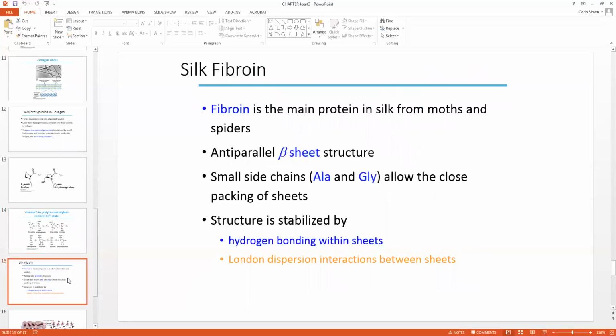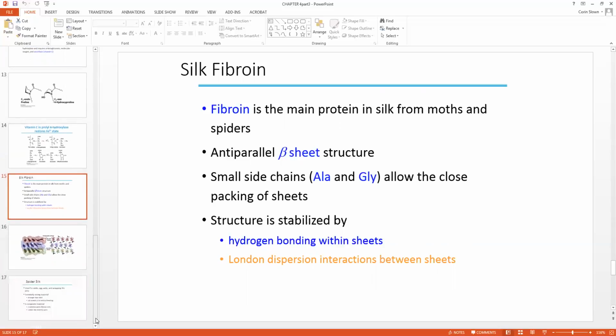If we think about silk, silk is actually very different. Silk is made up of beta sheet, and we have these stacked beta sheets. Small side chains, alanine and glycine, allow this really close, beautiful packing. The structure is stabilized by hydrogen bonding within the sheets and London dispersion interactions between the sheets.